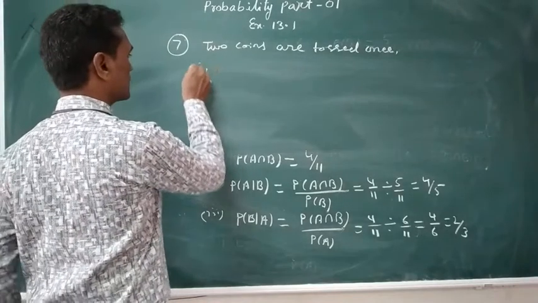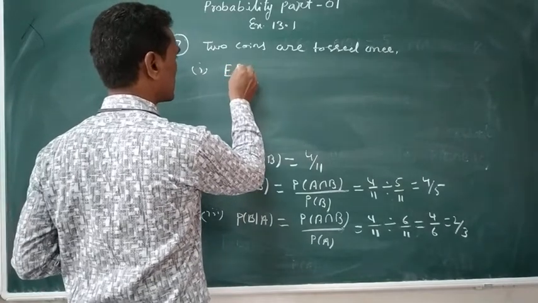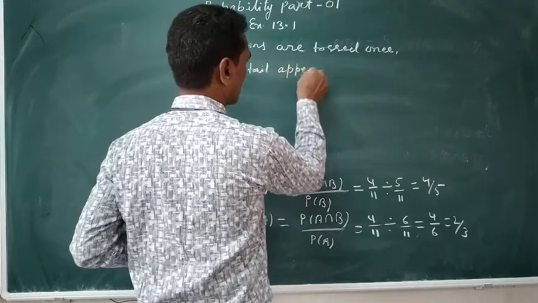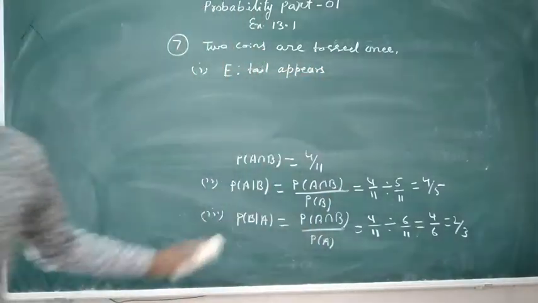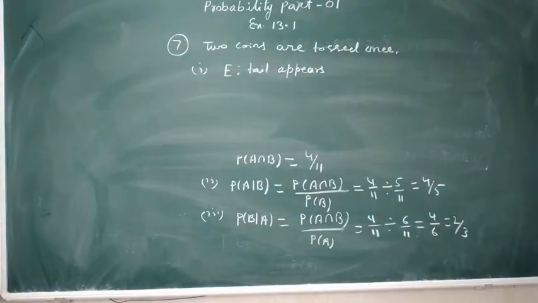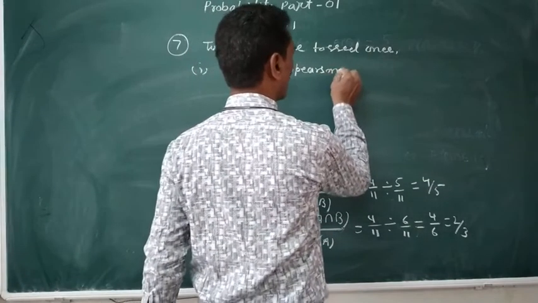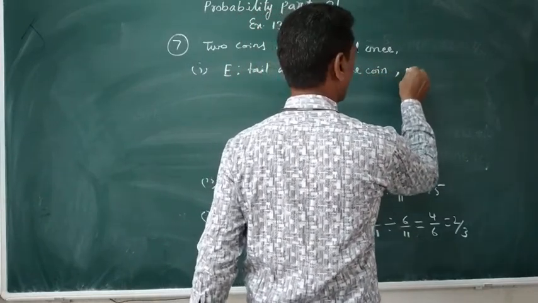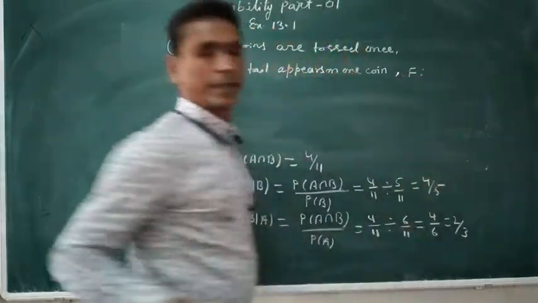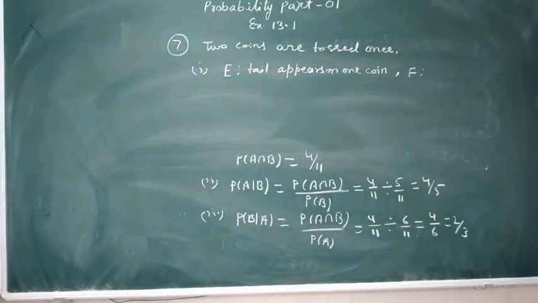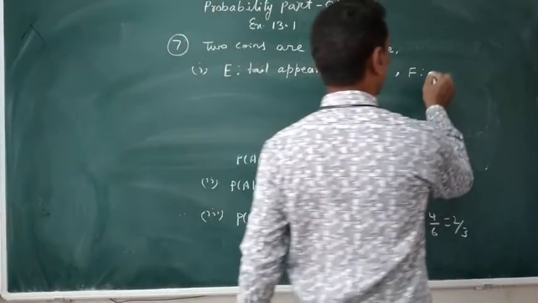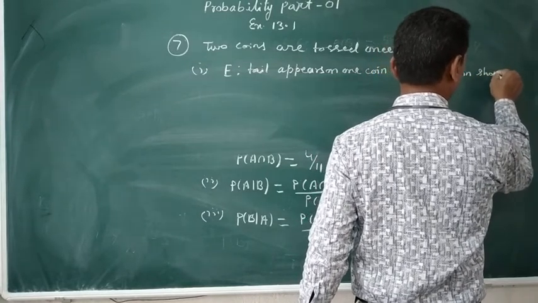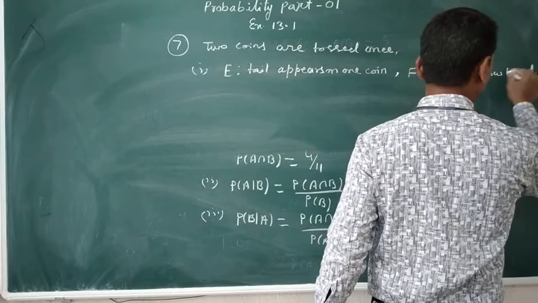The first part is: E is that a tail appears on one coin, and F is that a head appears, one coin shows head.